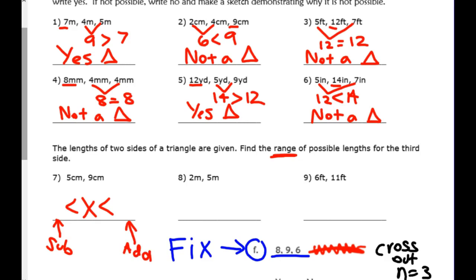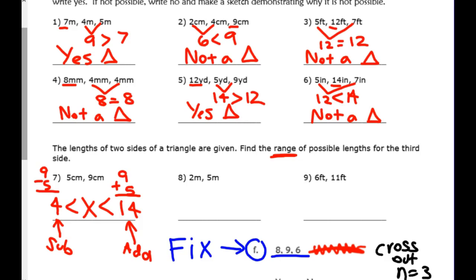So 9 minus 5, what do we get? 4. 9 plus 5 gives us 14. So here's the dealio. If you got two side lengths, 5 and 9, the third side length could be anything between 4 and 14. So not including 4, it could be 5, 6, 7, 8, 9, 10, 11, 12, 13. Any of those side lengths would work and still be a triangle.